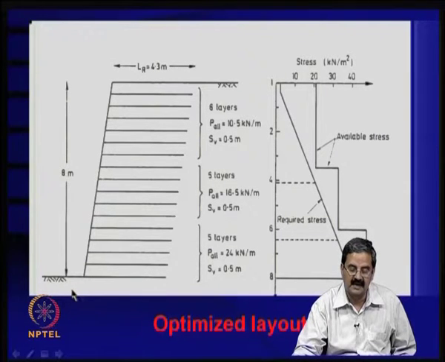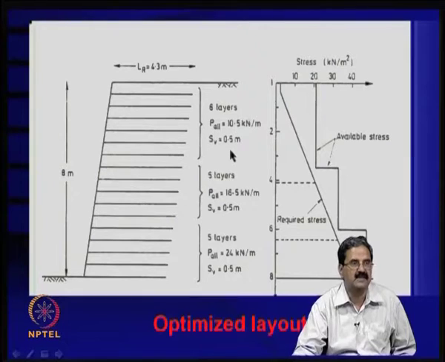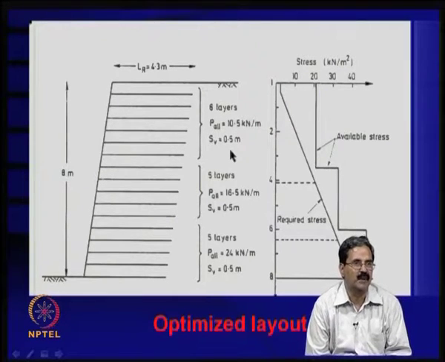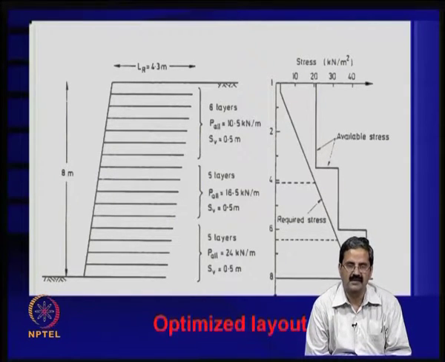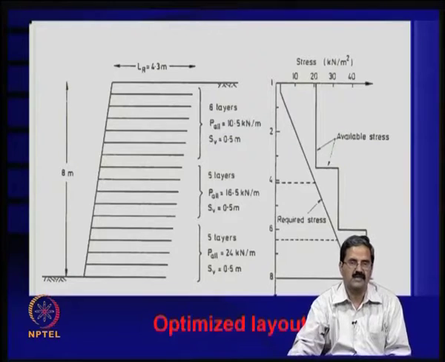8 meters is there, and you also have one more geogrid material in between, so you have 3 materials: one is 24, one is 16.5, one is 10.5, and you try to maintain the spacing. Actually, we do not meddle with spacing too much unless it is required or very useful, because sometimes from a construction point of view it is much better, particularly in small slopes.